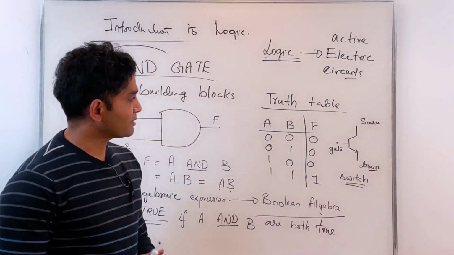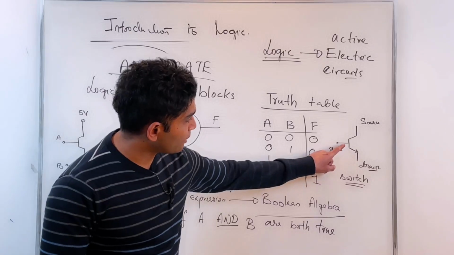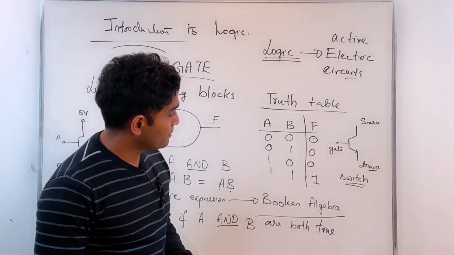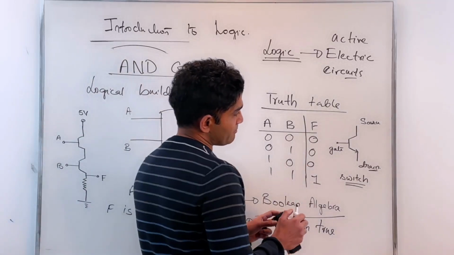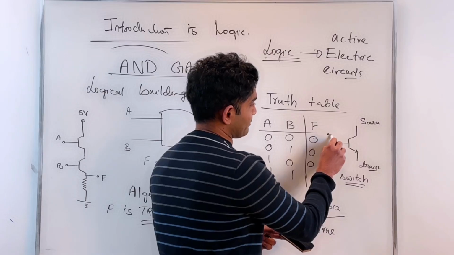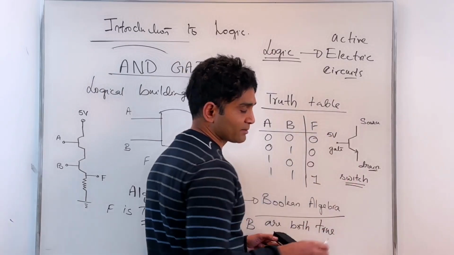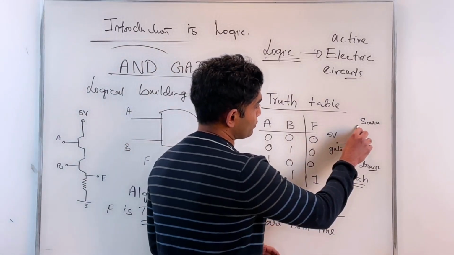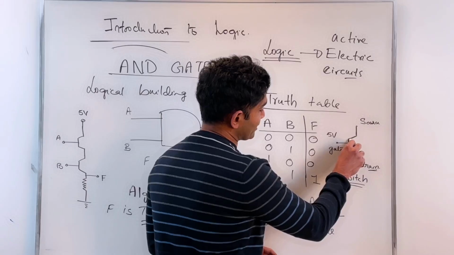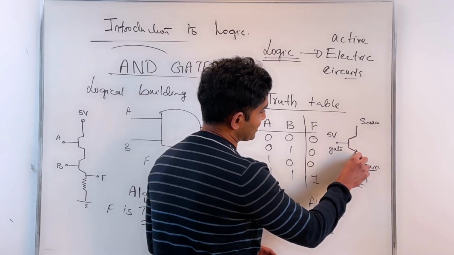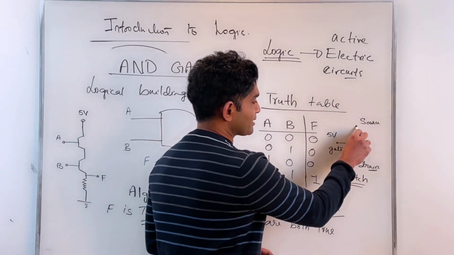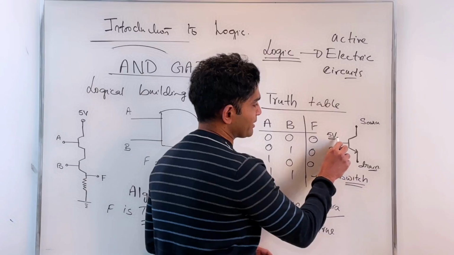It's a switch that is controlled by what you apply on the gate voltage. If I apply, let's say, 5 volts on the gate, then my source is connected to the drain through a conducting channel. So my source is connected to the drain when the gate voltage is applied.